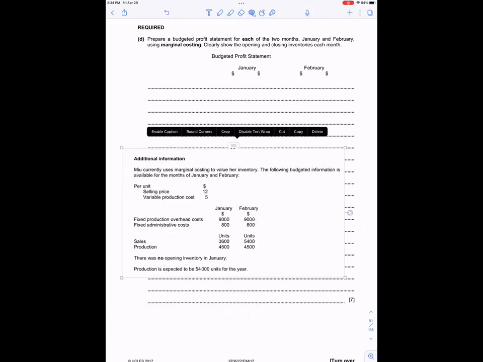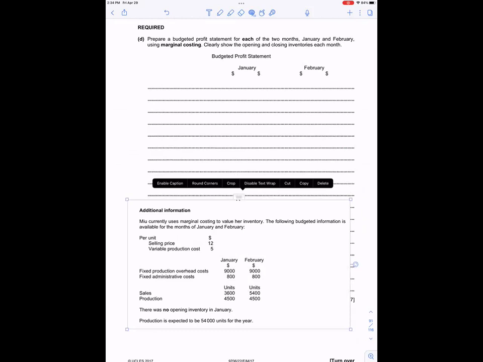Now we are doing the sum. Just write it as in the sum, okay? What are we supposed to prepare? MIU currently uses marginal costing to value her inventory.